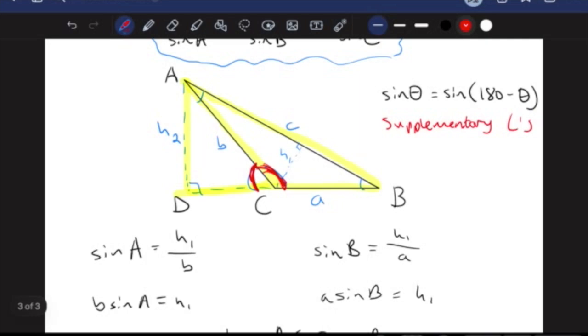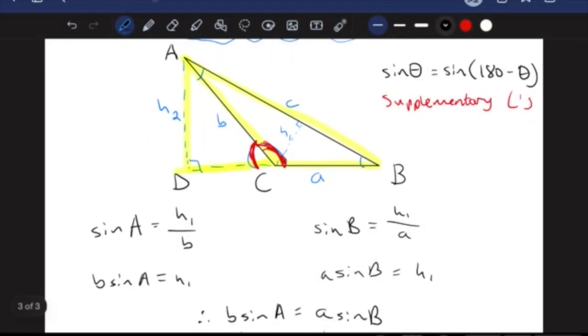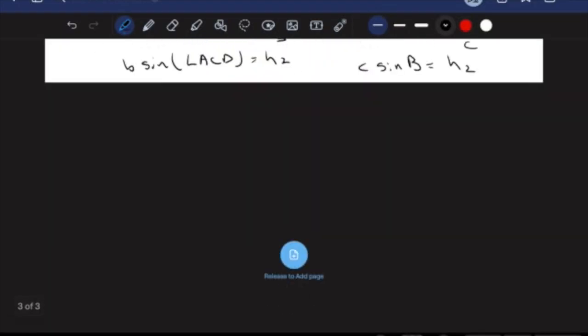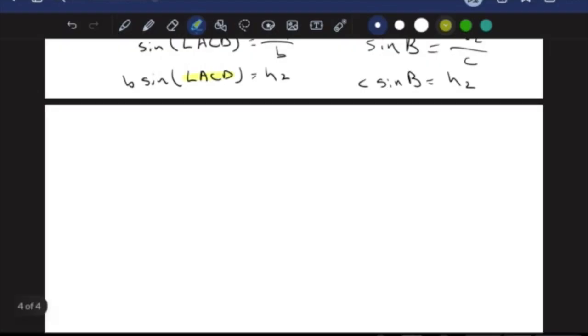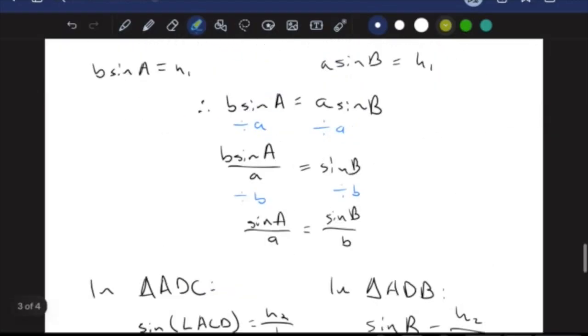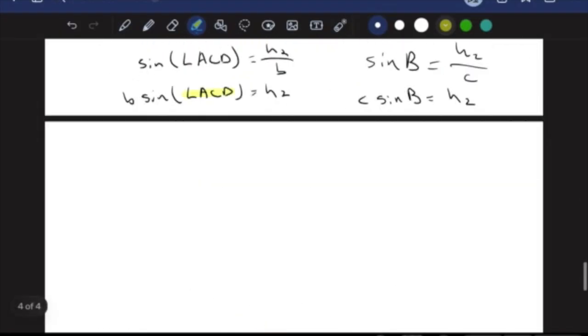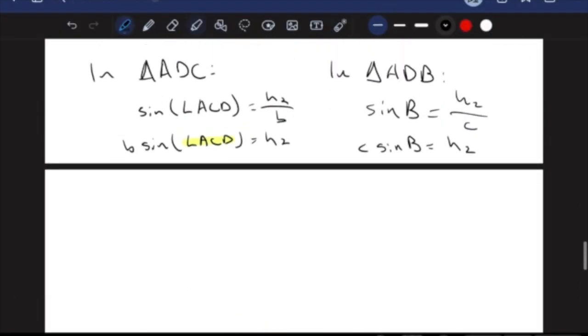So I can basically replace that in here. Let's actually do another page. But my angle in here, this guy, is the same as angle ACB. So I'm going to rewrite both sides down the bottom here. So B sine ACD equals H2.